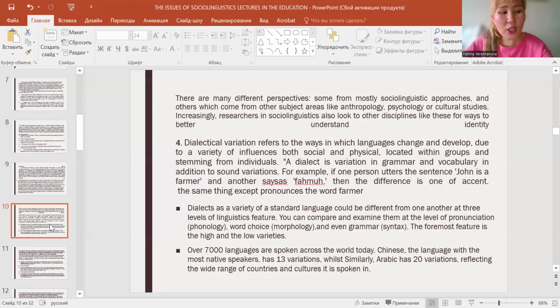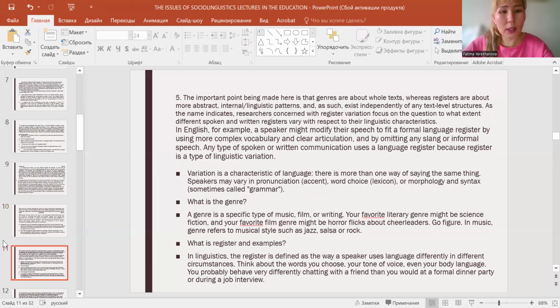Also, Arabic has 2,000 variations, reflecting the wide range of countries and cultures it's spoken in. So this is what we have to understand: the same language might have different dialects, different accents, and language variations.